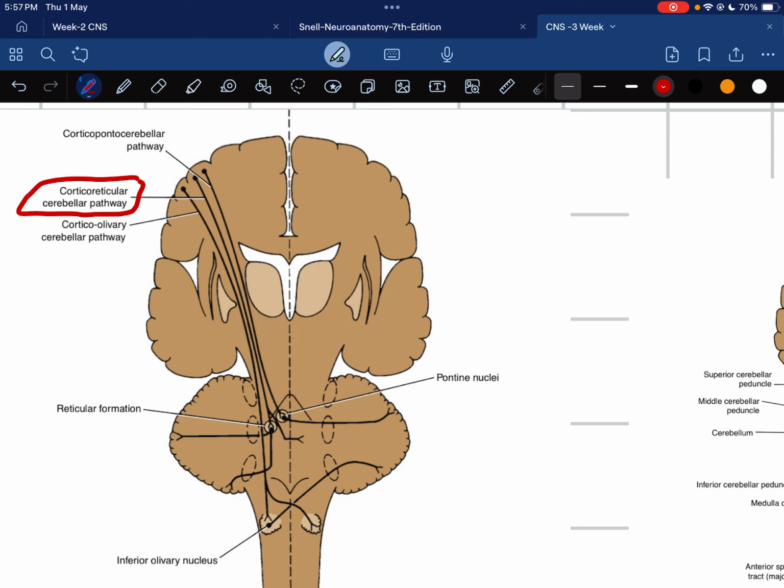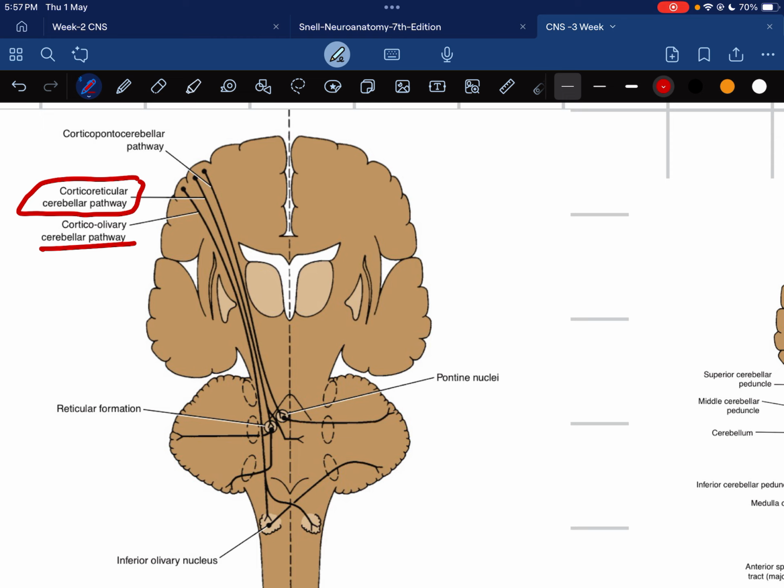In this pathway, information from the cerebral cortex passes through the reticular formation, and then goes to the same side, ipsilaterally, in the cerebellum through the middle and inferior peduncles. Another one is the corticoolivary cerebral pathway.